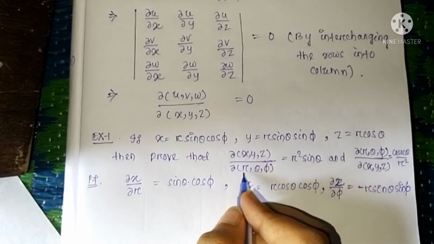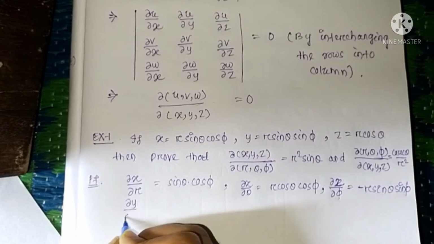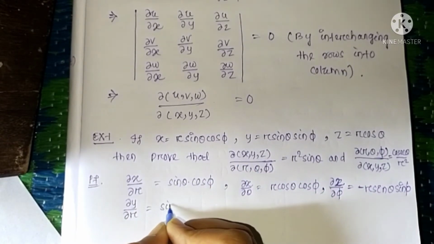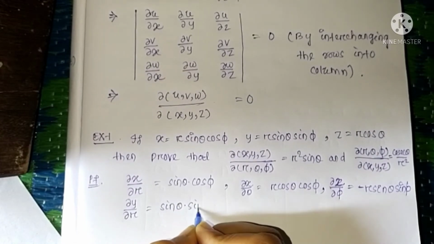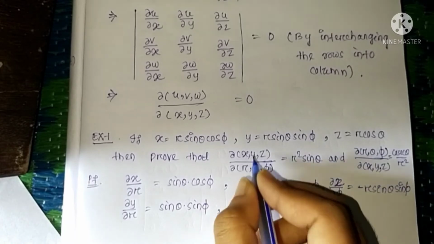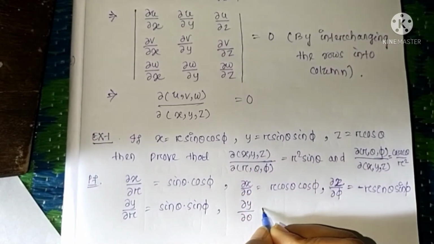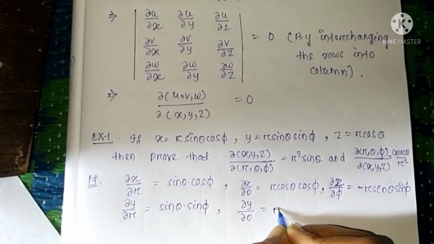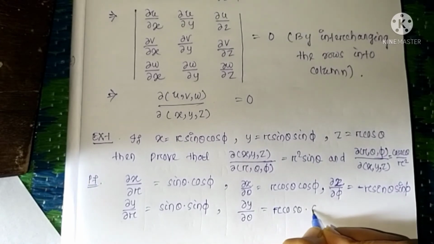Next we find del y by del r, which is sin theta into sin phi. Del y by del theta is r cos theta into sin phi.